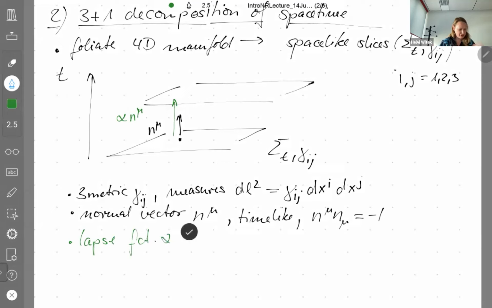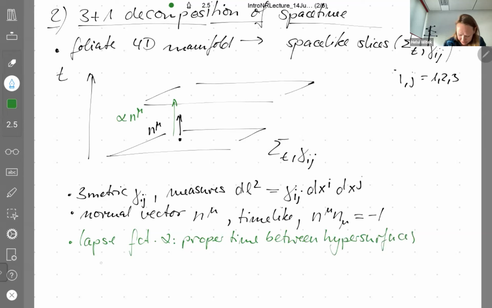And this describes how much proper time elapses as you go along the normal from one slice to the next. So proper time between our hypersurfaces as measured by an observer that moves along the normal vector.